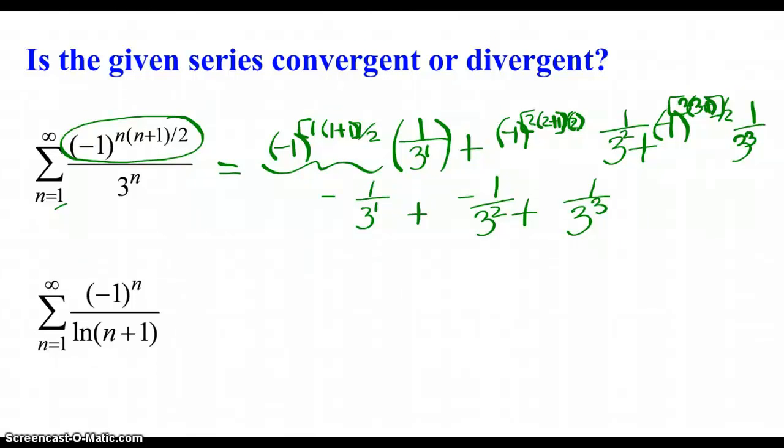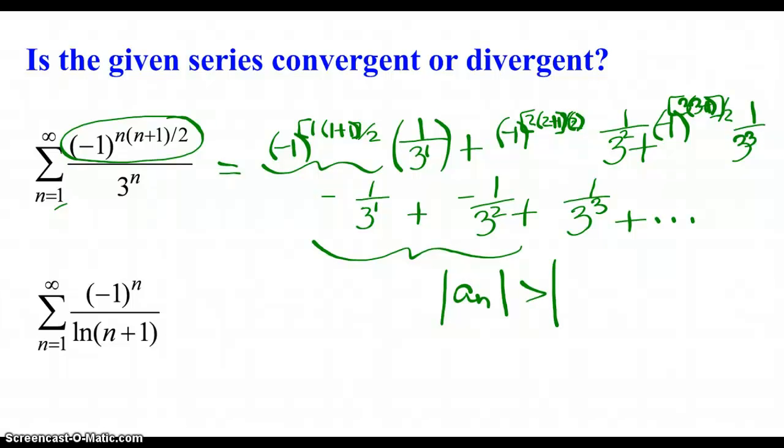Well, does it matter that the first two terms were negative? No, because where does convergence or divergence happen? As n tends toward infinity. So we do absolutely have an alternating series here. I don't really need to generate any more terms. All I need to determine is that any one given term is bigger than the next term generated.